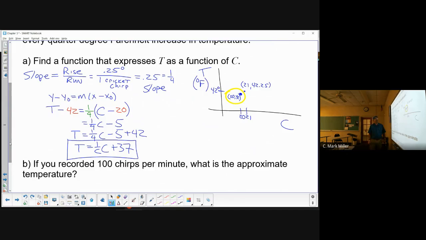So this right here is t as a function of c. All right. Oh, wait a minute here. We have a typo. That is supposed to be a 4 here.